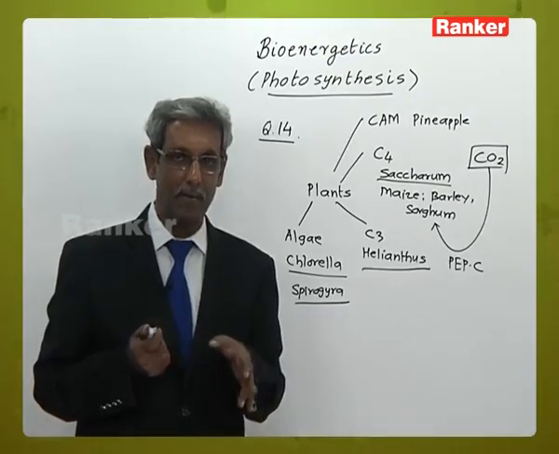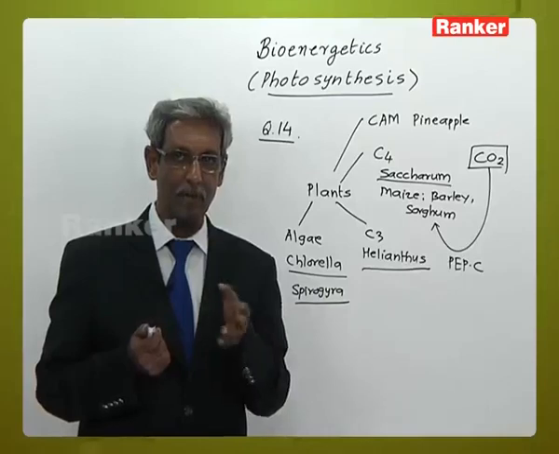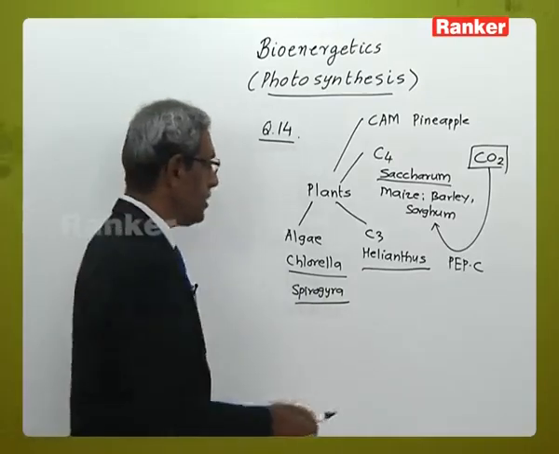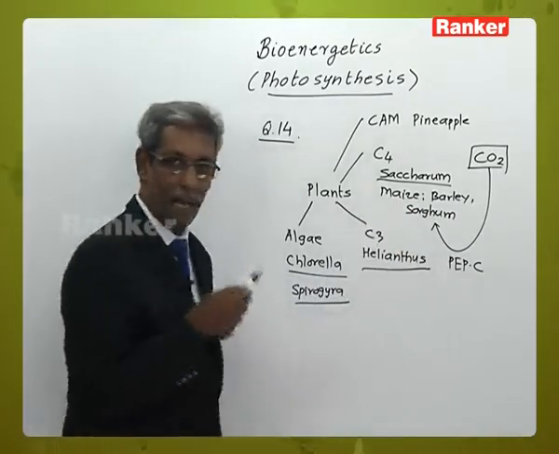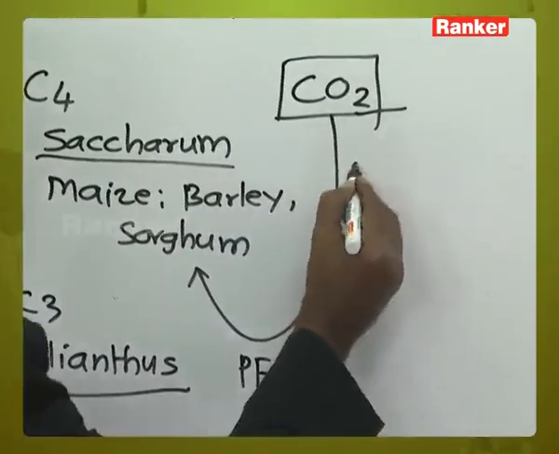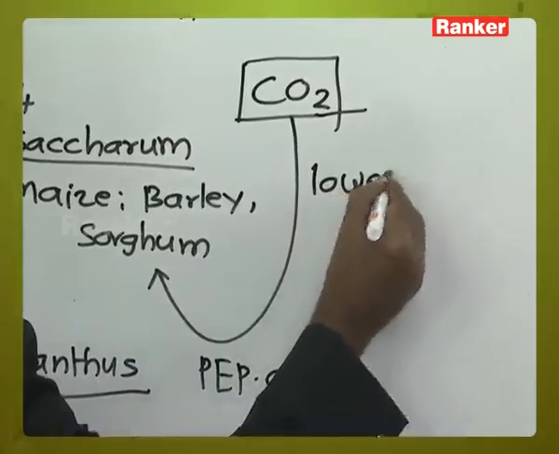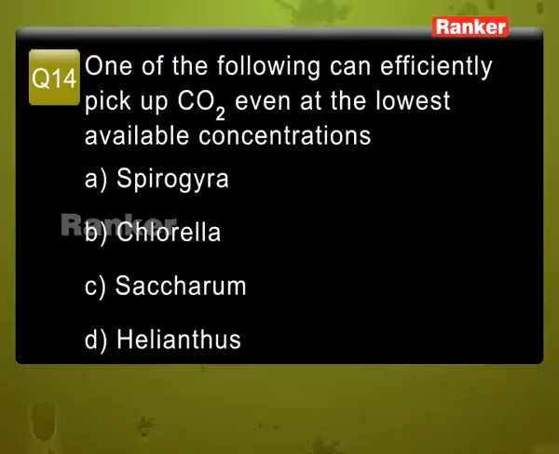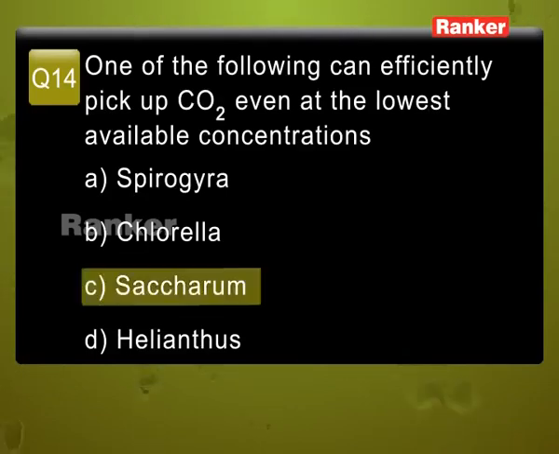Under limited resources, it shifts from a C3 to a C4 pathway. So, the advantage of C4 plants is that even when the availability of carbon dioxide is the lowest, it can photosynthesize. Hence, the answer for this is Saccharum, which is sugarcane, and it is a C4 plant.